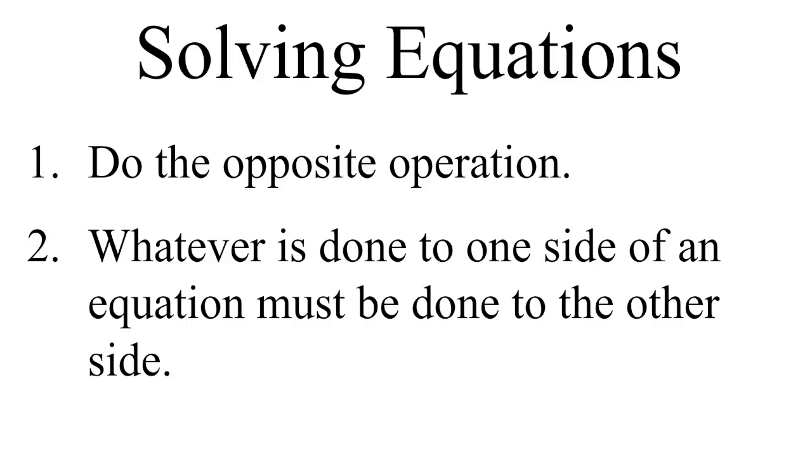One is to do the opposite operation, and whatever is done to one side of an equation must be done to the other side. Now, I say again, if you could solve equations like the equations you saw in parts 1, 2, and 3, then you could solve any equations.